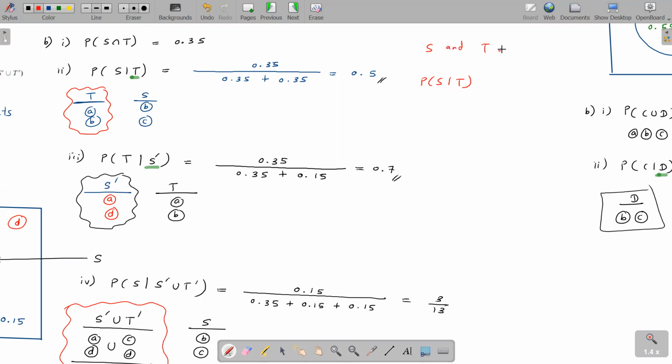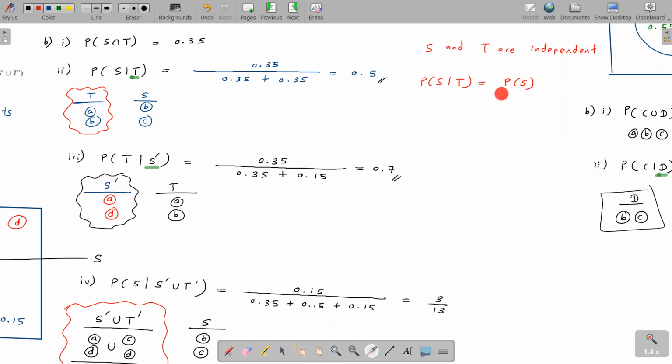It is the probability of S happening given that T has already happened. Regardless of whether T happens or not, that has no effect on the happening of S. So the probability of S given T is equal to the probability of S, because the probability of S happening does not depend on T.